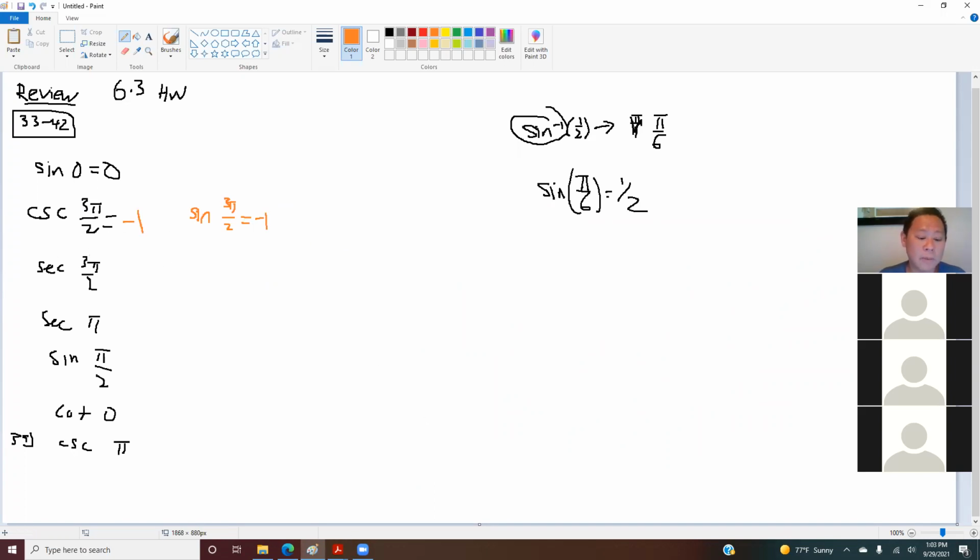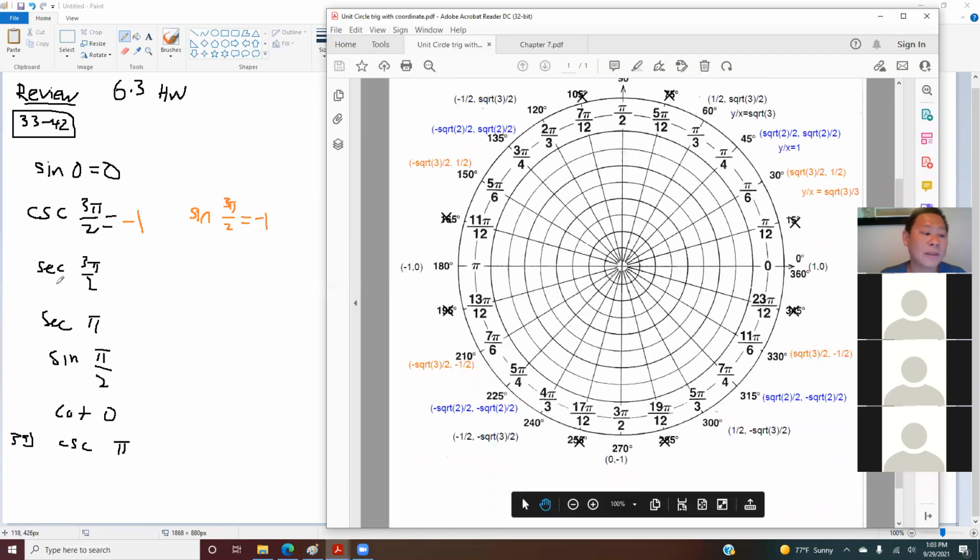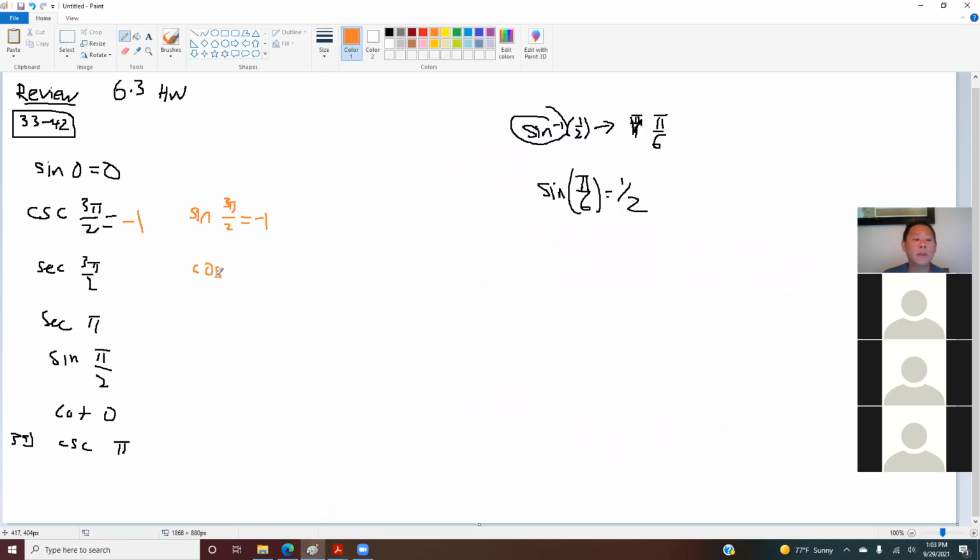So can someone tell me how you do the next one? Secant 3 pi over 2. Secant is 1 over cosine. So look at your cosine of 3 pi over 2.